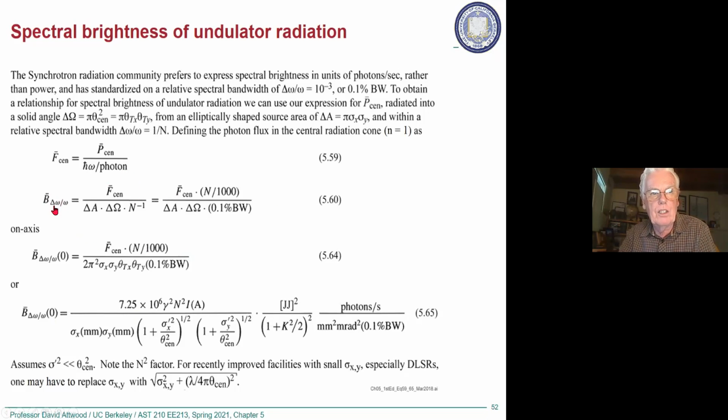We're calculating spectral brightness averaged over one cycle, so we'll use the average power, and we're converting power in the central radiation to photon flux by simply dividing through by the energy per photon. And that's going to convert us from watts to photons per second.